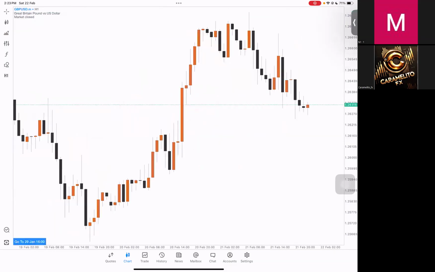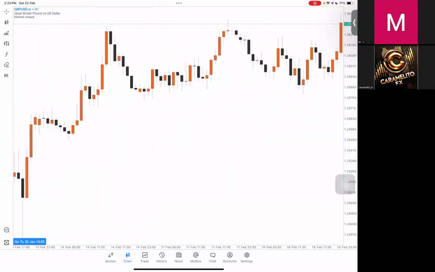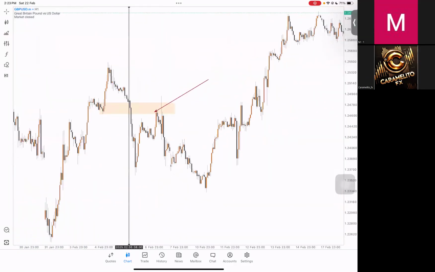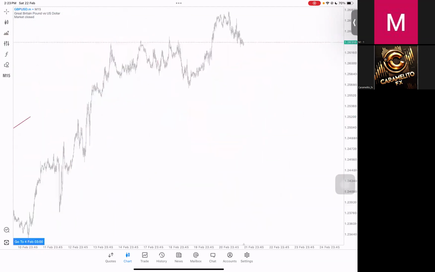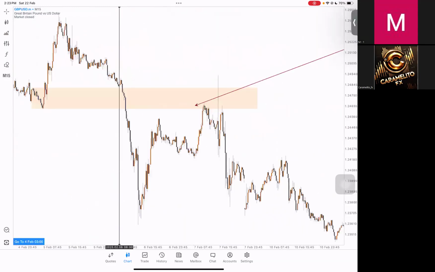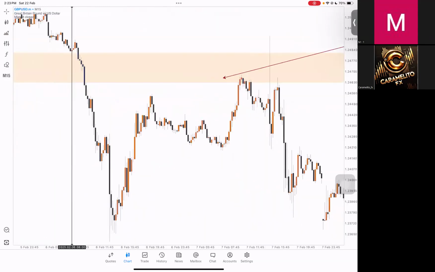You have to keep waiting on H1 or M15, because price is going to come really fast. If you only wait on H1, you see nothing. If you wait on M15, or sometimes you need to go down to M5, I keep on waiting until price starts to come back slowly inside my zone.